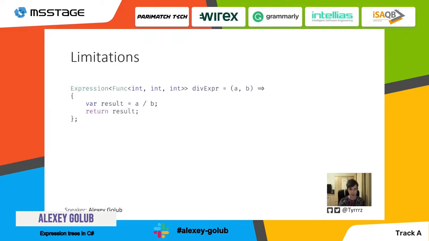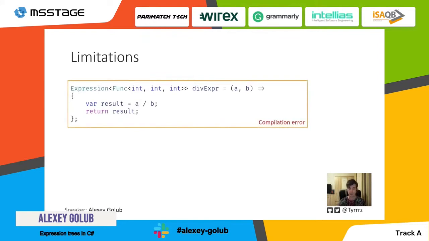Additionally, the expressions that are obtained in such a way cannot have multiple statements. So for example, here I have a result that is stored in a variable and then returned. You can do that with manually constructed expressions, but if you try to do this like this, then it will also give you an error during compilation.